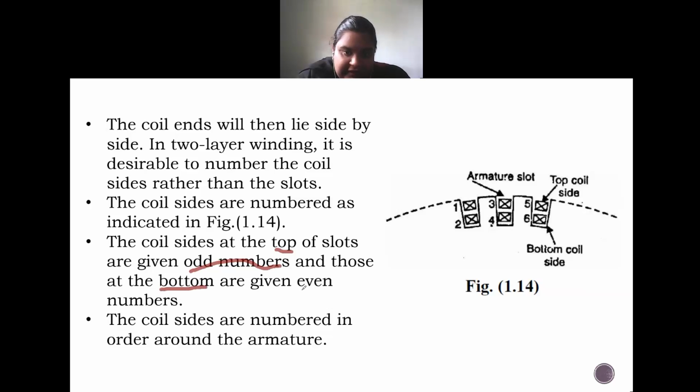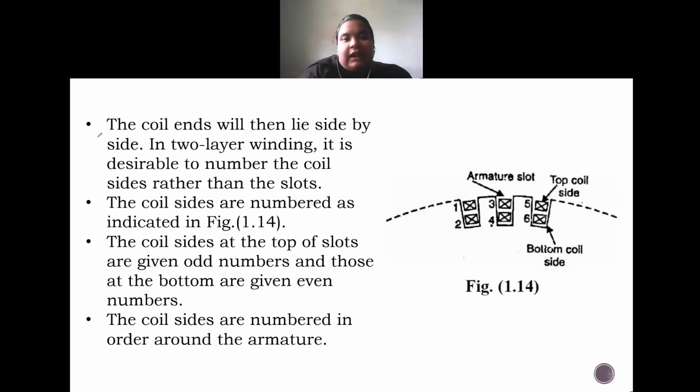Just remember that. The coil sides are numbered in order around the armature, in the same order throughout the armature.